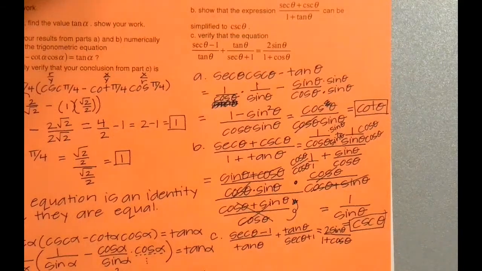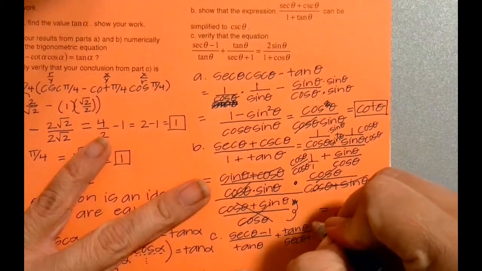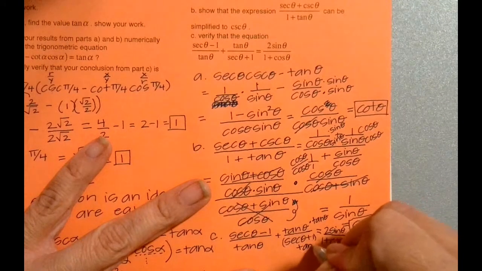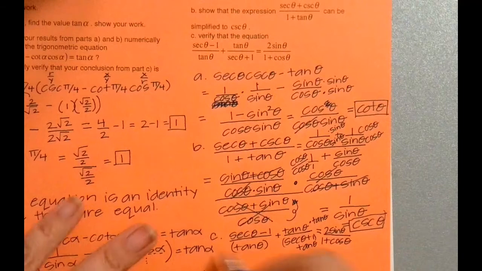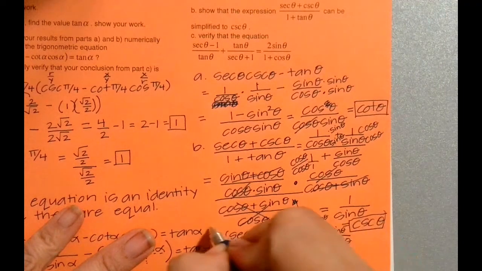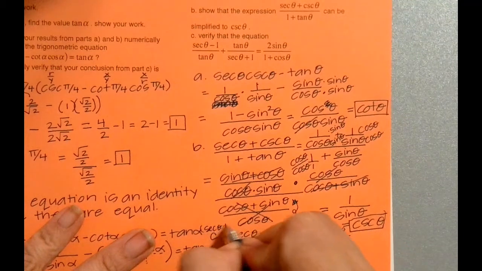So lots of different ways to do this one. I guess because this has one fraction, I'm going to start by getting this one to have one fraction. So this one needs a tangent theta and a tangent theta, because I'm getting common denominators, and this needs a secant theta plus 1, and this one needs a secant theta plus 1.